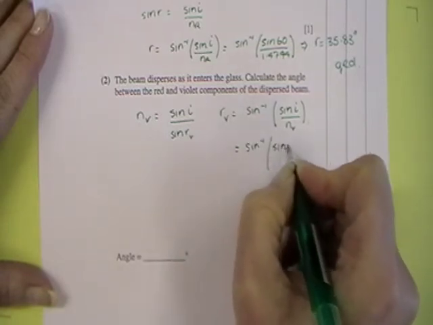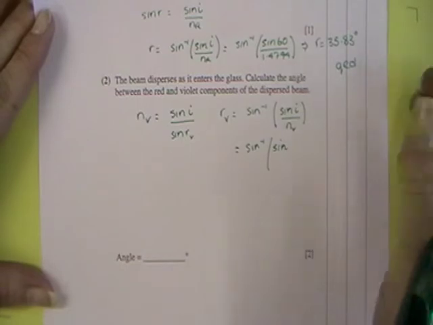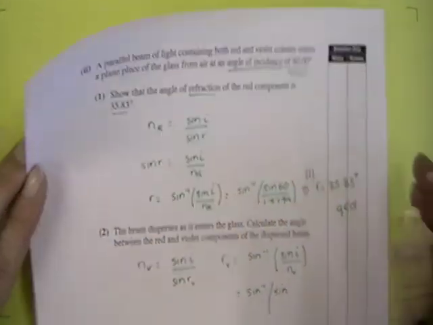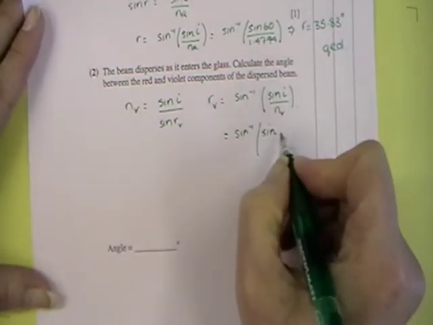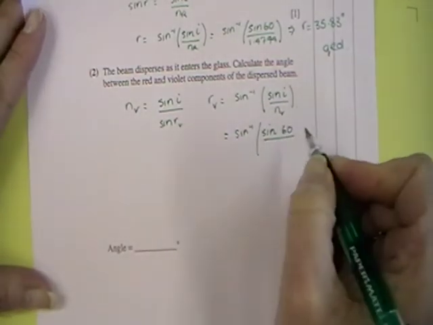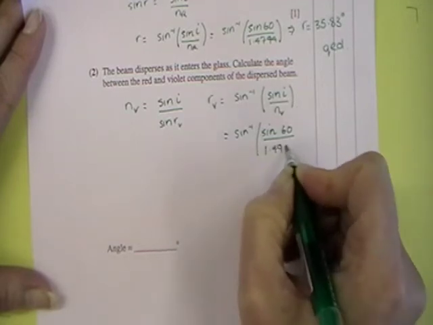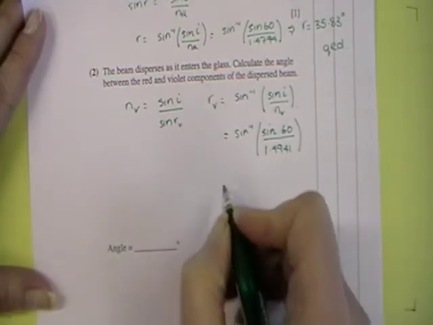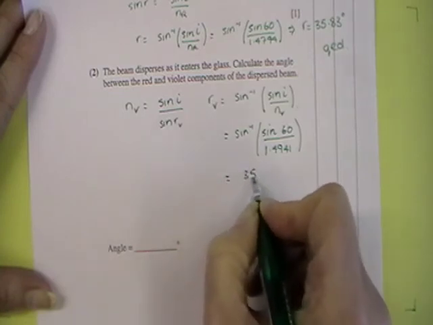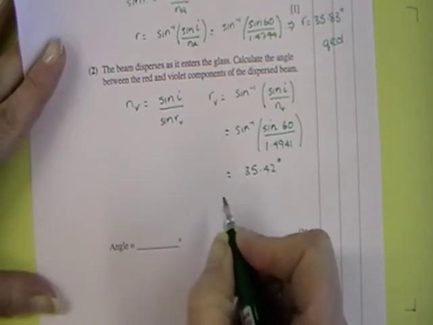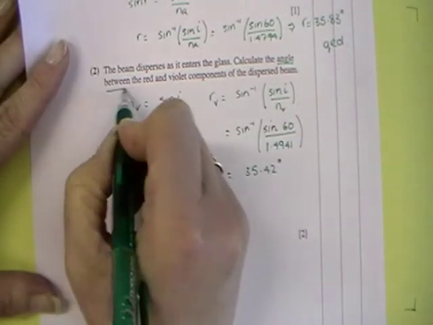Remember, both the red and violet, looking at the question, entered at the same angle of incidence. So we can put in here sine of 60 over n of violet, which in the previous part of our question was 1.4941. And that gives us an angle of 35.42 degrees for violet.